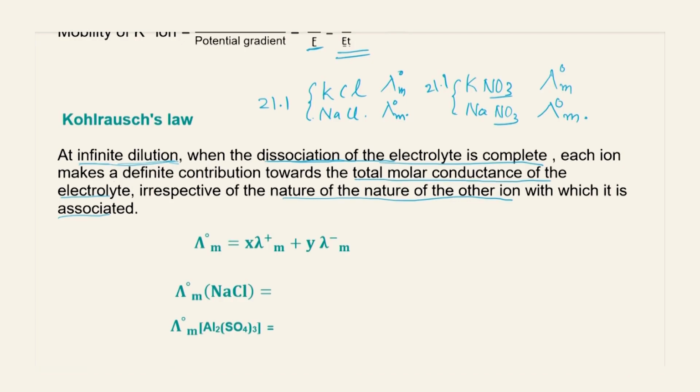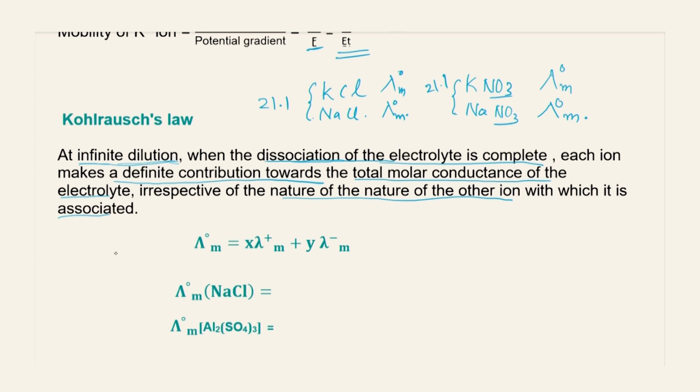At infinite dilution, when dissociation of an electrolyte is complete, each ion makes a definite contribution towards molar conductance of the electrolyte, irrespective of the nature of the co-ion with which it is associated.